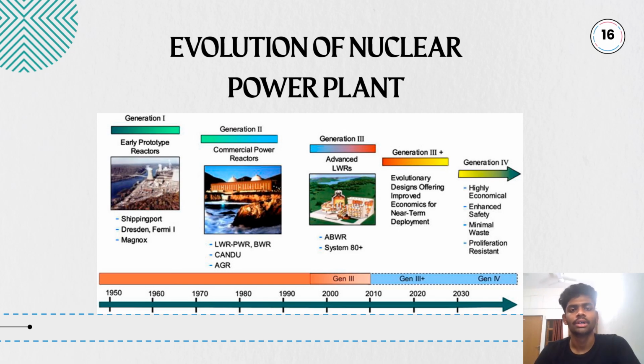Second generation, commercial power reactors. Third generation, advanced LWRs. Generation 3 plus, evolutionary designs offering improved economics for near-term development. Coming generations: highly economical, enhanced safety, minimal waste, proliferation resistant.